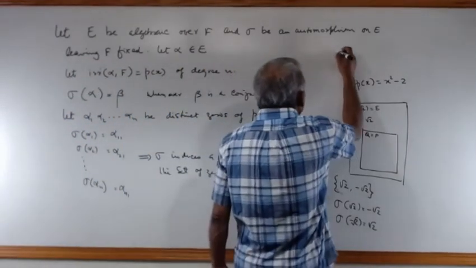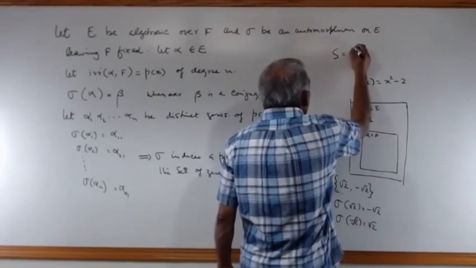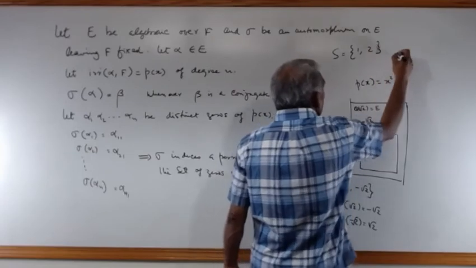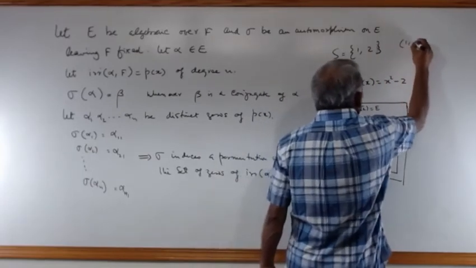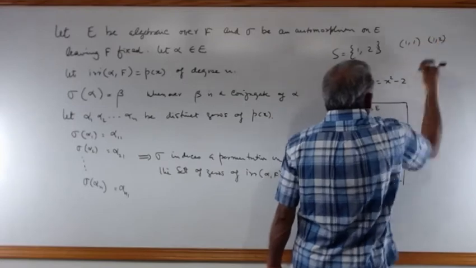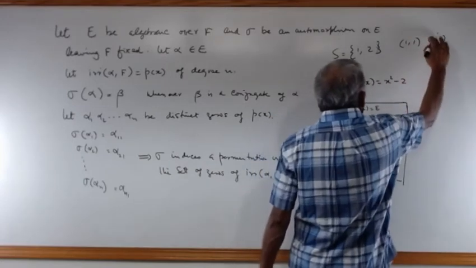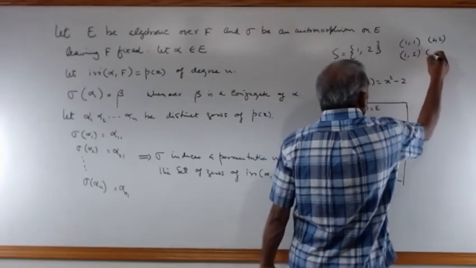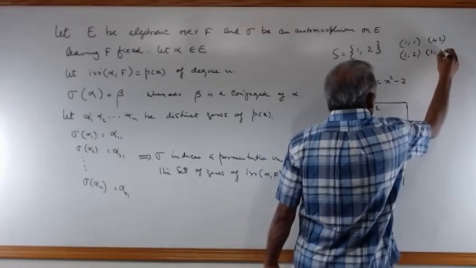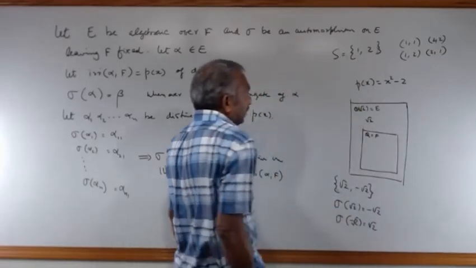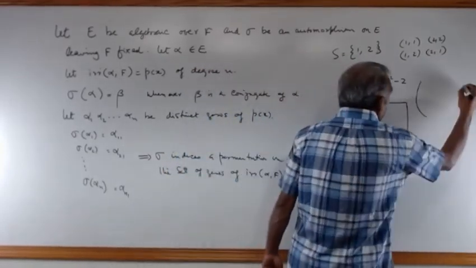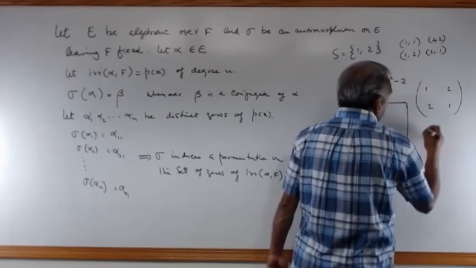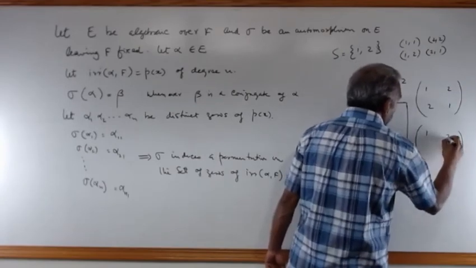See, if you take a set S equal to {1, 2}, one permutation will be 1 to 1 and 2 to 2. Or another permutation will be 1 to 2 and 2 to 1. That is how you do it, right? You normally write it as 1, 2 over 2, 1 or 1, 2 over 1, 2.